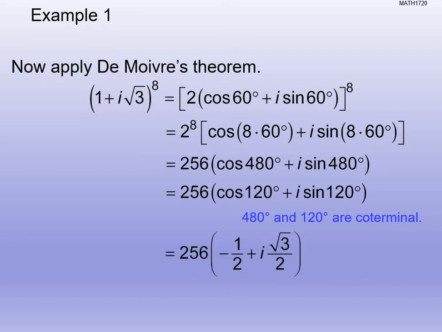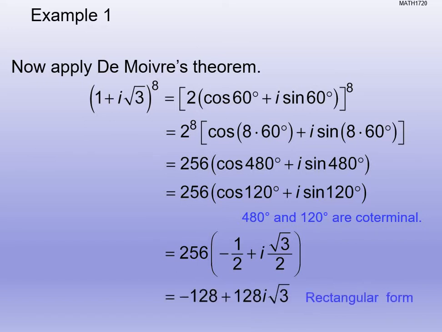Now we just simplify everything down. We know that cosine of 120 is negative 1/2, because 60 degrees is the reference angle, and it's in the second quadrant, so cosine is negative. Same with sine, except sine is not going to be negative there. Sine will be positive there, using the same reference angle of 60 degrees, and it gets the square root of 3 over 2.